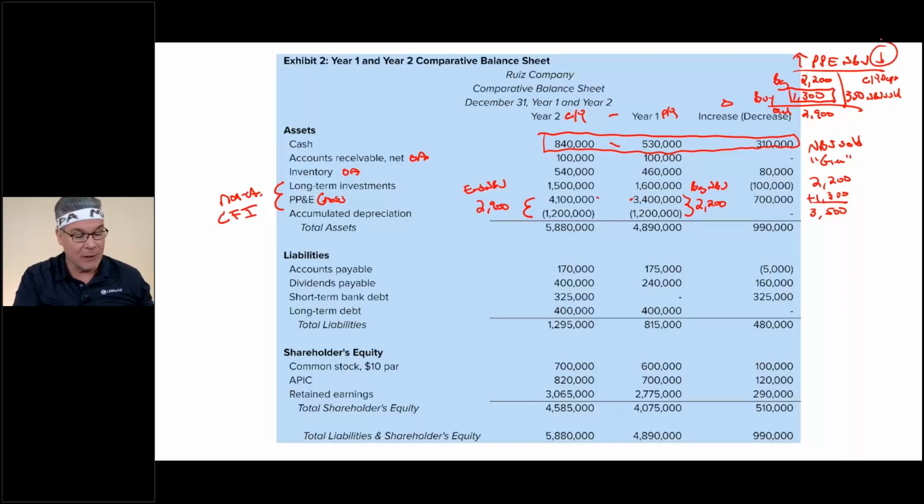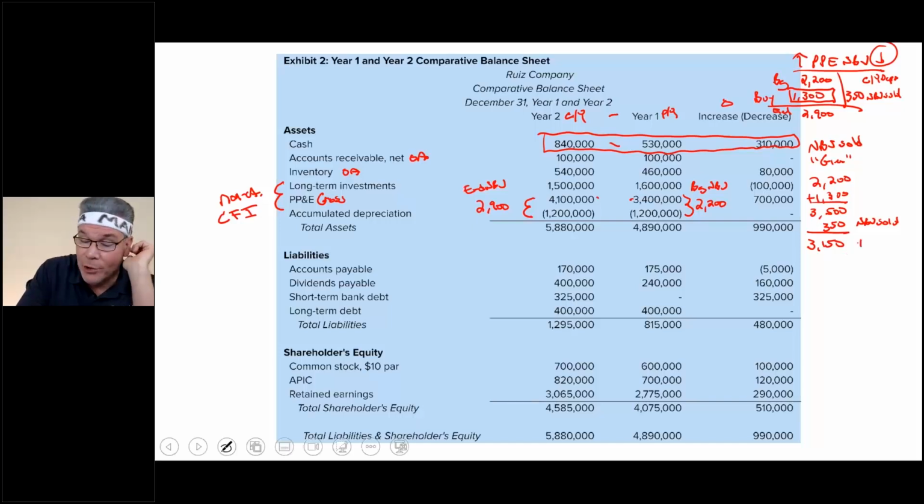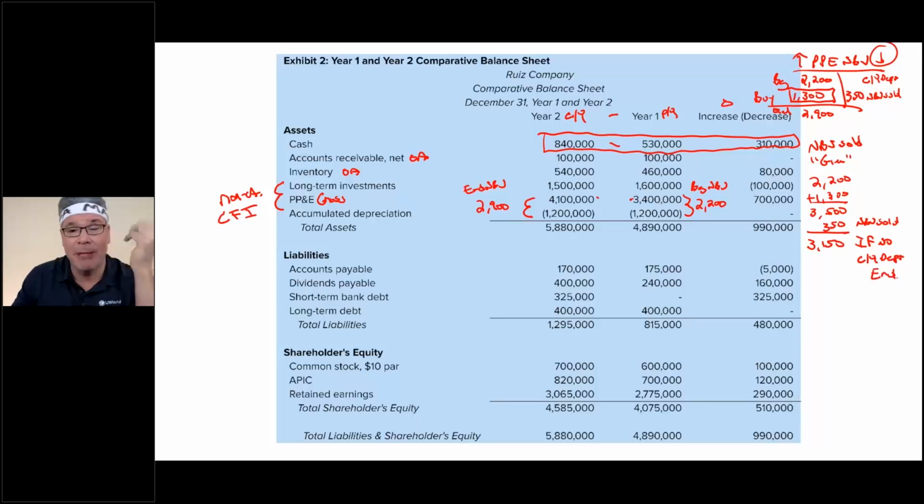So I take that 3,500,000 and subtract out that 350, the net book value of what I sold. What does that get me? 3,150,000, right? Had I not had any current year depreciation, that would be your ending balance, right?